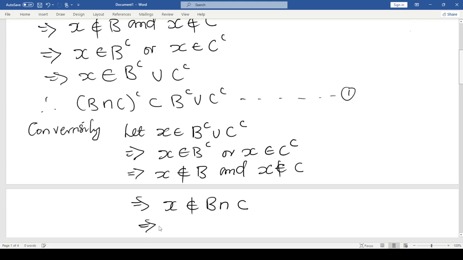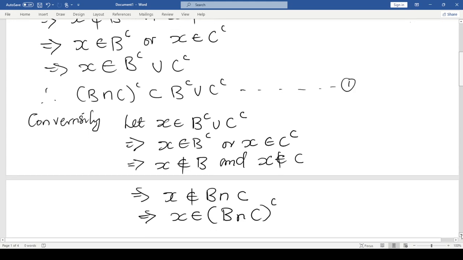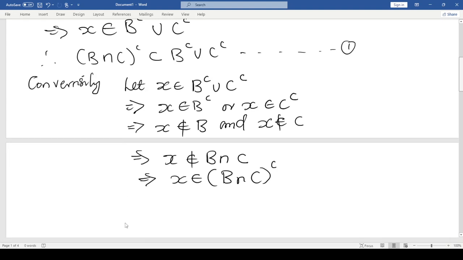So here we have X is a member of (B ∩ C)'. Then this just shows us that B complement in union, let me use union there, sorry.